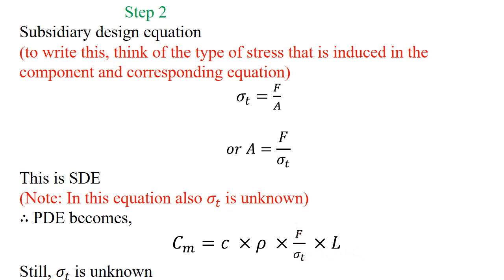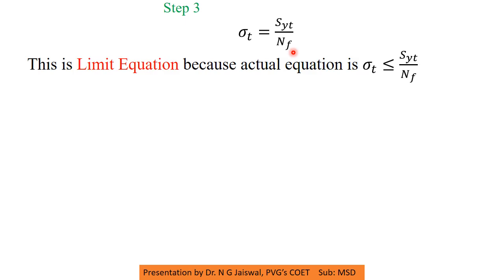Again, F is known, sigma t is unknown. So the next task will be to replace sigma t again in terms of some known parameters. First step is to write sigma t in terms of known parameters: syt by factor of safety. This is called a limit equation. So the third step is to write the limit equation. Now why is this called a limit equation?